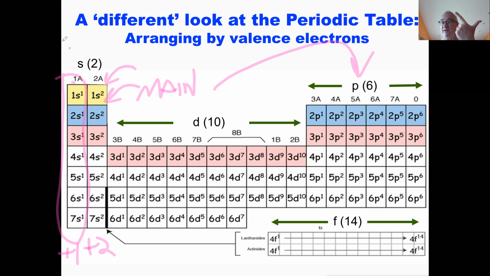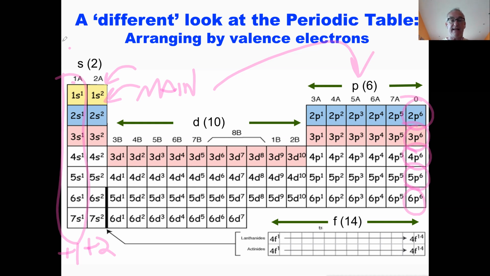So they're always dealing with 8. That's why 8 is sort of the magic number for the main groups, because they all want to get to the promised land at the end of the periodic table. They want to have a completely filled S and P subshells in their outermost shell, and they'll give away electrons or take electrons to do that.